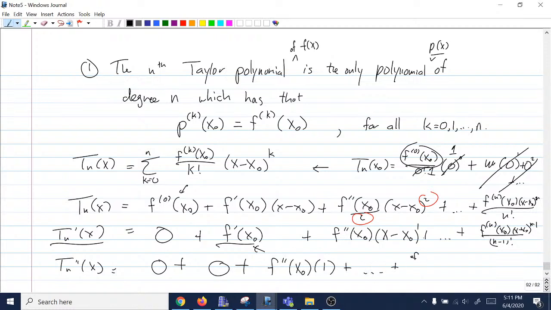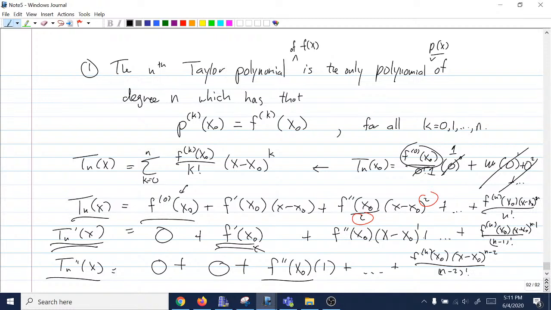The next one will be the nth derivative at x naught times x minus x naught to the n minus 2, and n minus 1 falls down to cancel with that n minus 1. I'm left with n minus 2 factorial on the bottom of the last term. When I plug in x naught, I get f double prime of x naught. T double prime of x naught equals f double prime of x naught. T prime of x naught equals f prime of x naught. T of x naught equals f of x naught. In each case, one term is the only thing that is not 0.